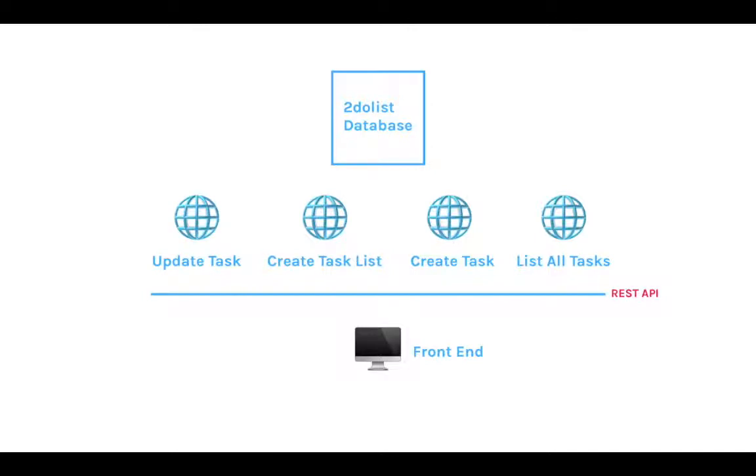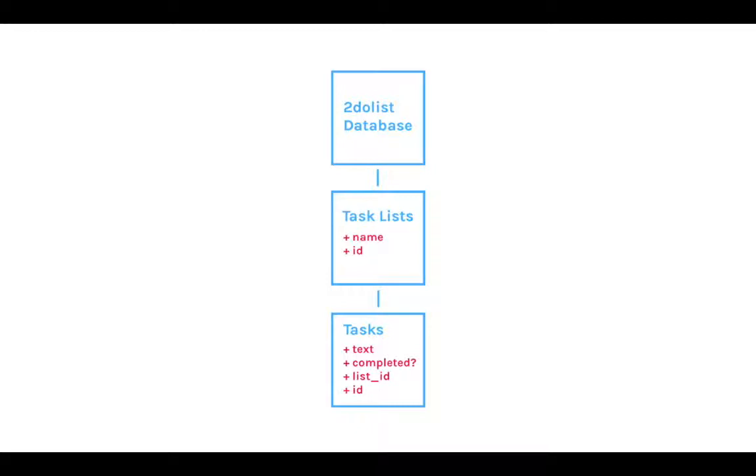And to make things clear, I want to discuss the data structure, or the data models, that will be involved in our to-do list application. So we have two data models basically that are composed inside our to-do list database. One is the task lists model and one is the tasks model. Both of these are basically SQL tables, and they have specific columns.